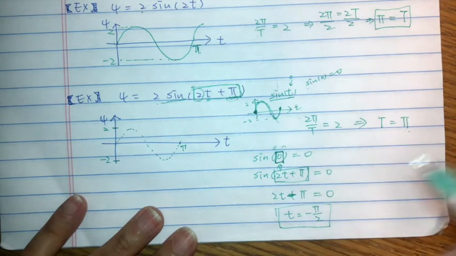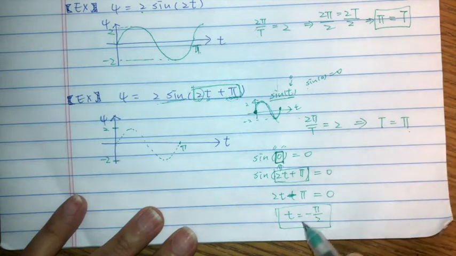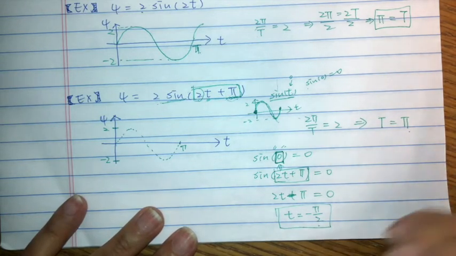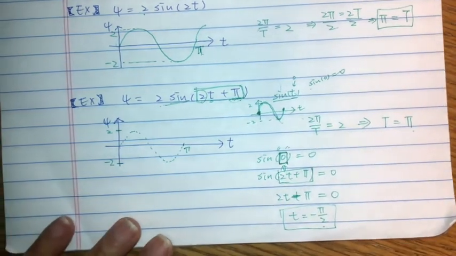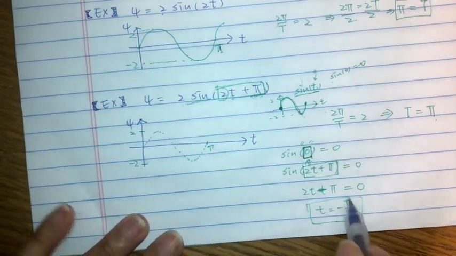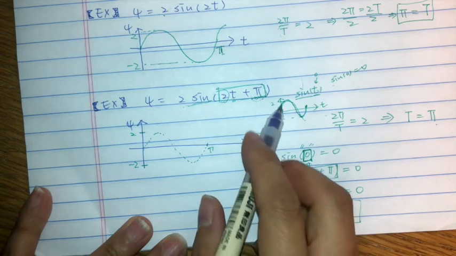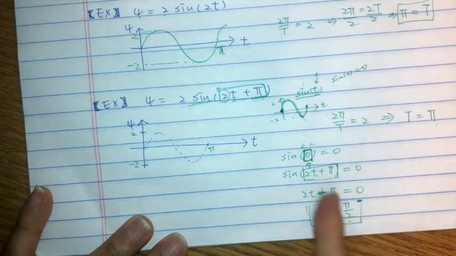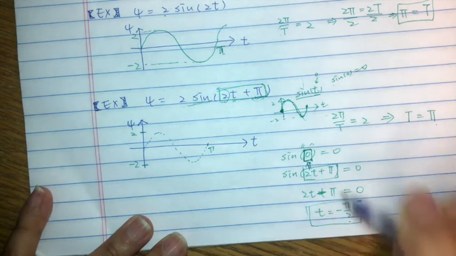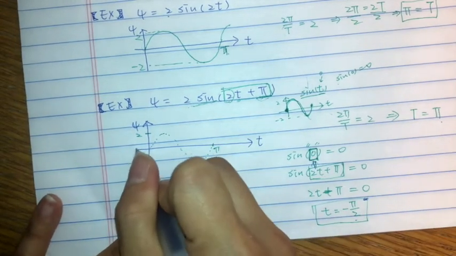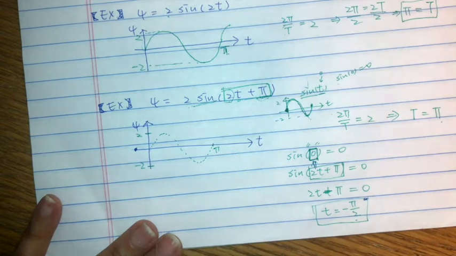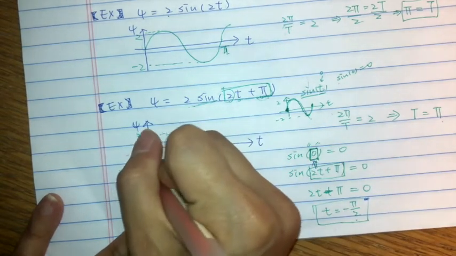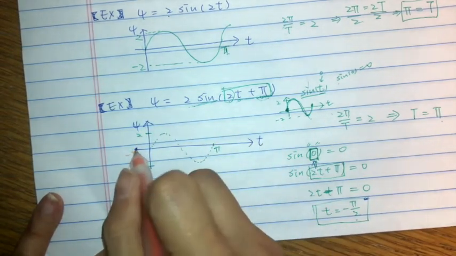It is actually starting at negative pi over 2 to get this effective 0 point. So instead of starting from 0 and going up and down, now I will start at my new 0, which is negative pi over 2. So it would be here. Then I will go up.